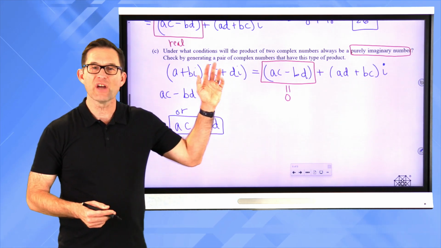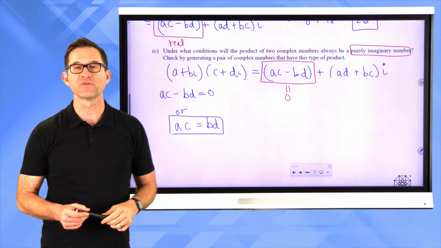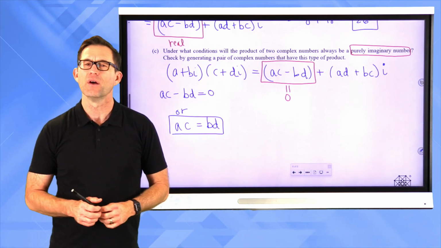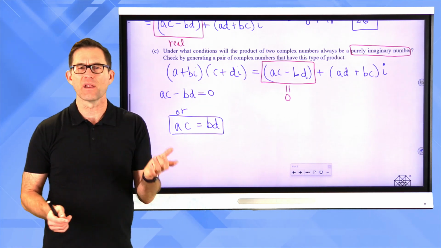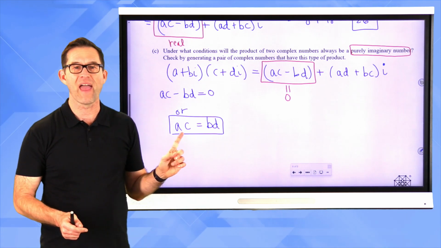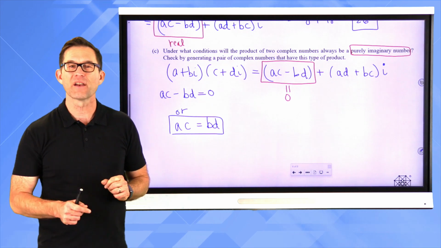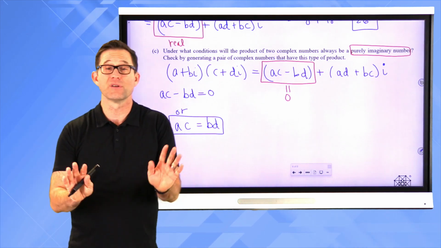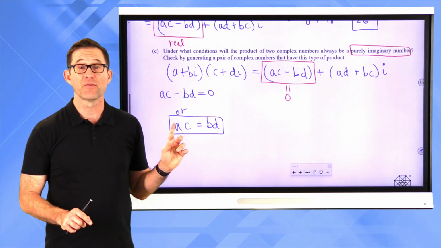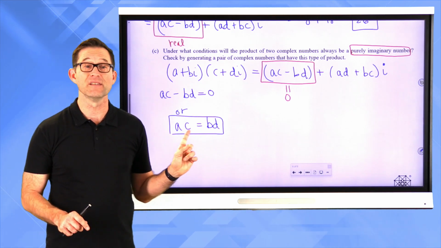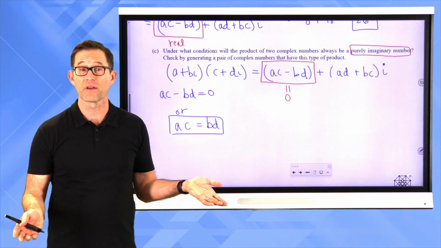So it says, check by generating a pair of complex numbers that have this type of product. All right, well, there's a lot of different ways I could do it. I could make a and b equal and c and d equal, but here's kind of a cool one. And again, there's a million different ways to do this. I could make a equal to d and c equal to b. That would work, all right?